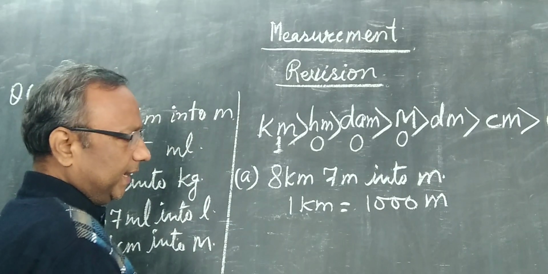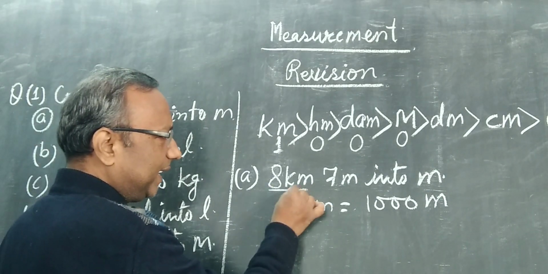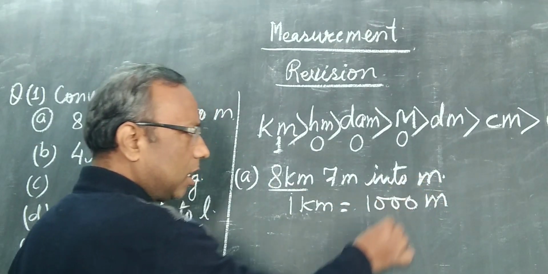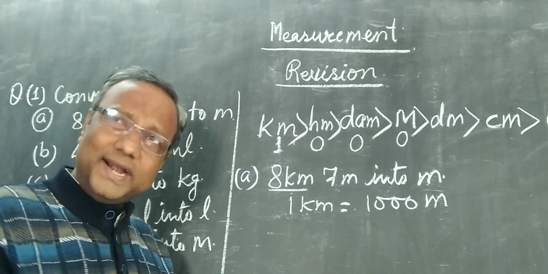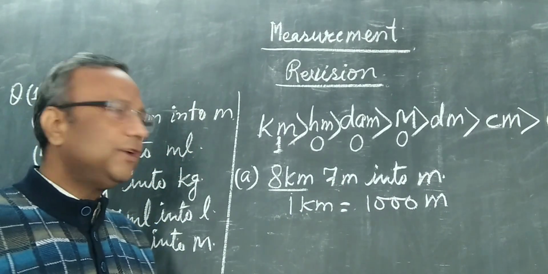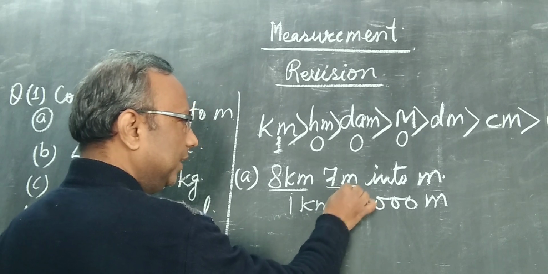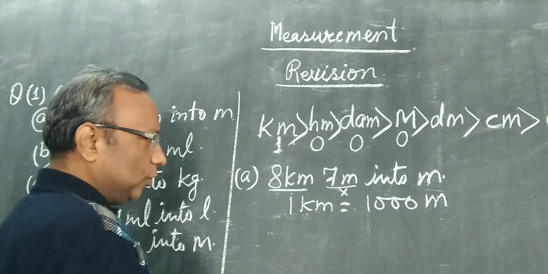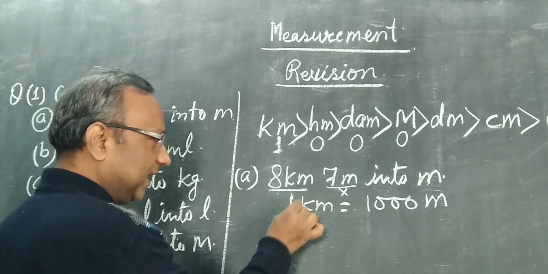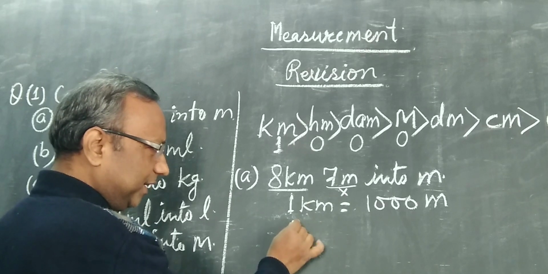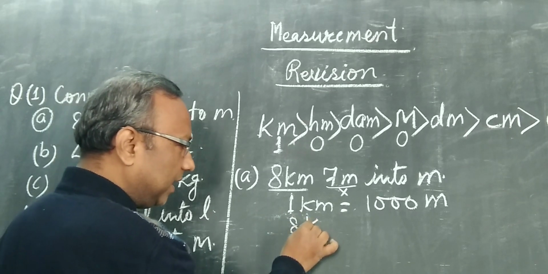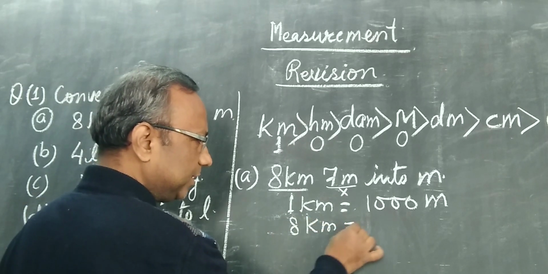Now see, we have to convert the 8 kilometer into meter because 7 meter is already in meter. So we don't need to convert it. We have to convert only 8 kilometer. Here, below the 1 kilometer, we will write 8 kilometer is equal to.